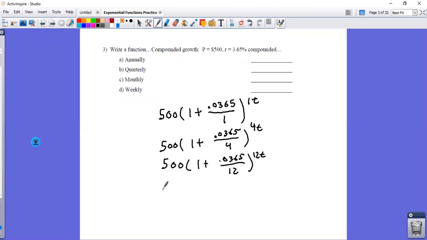And weekly is 52, so 52t. There was nothing to evaluate here, just writing the functions, where t is the number of years.